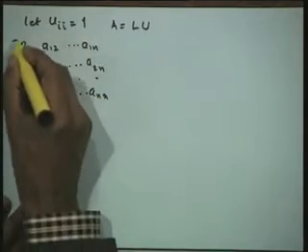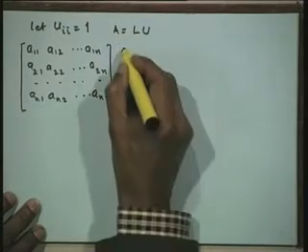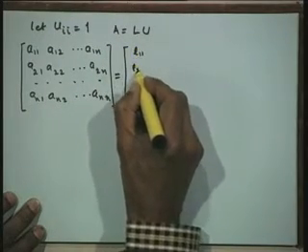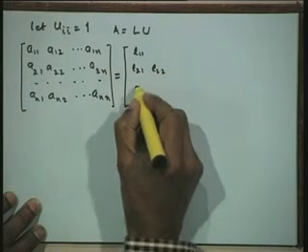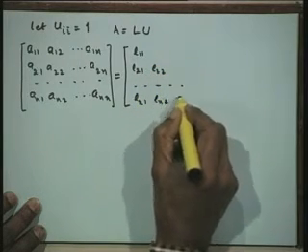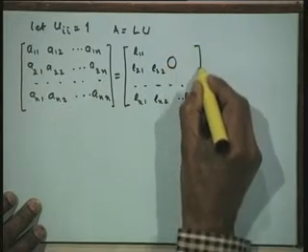This is our given matrix A. Then I write the product as L11, L21, L22, so on, Ln1, Ln2, Lnn, and these are all zeros.